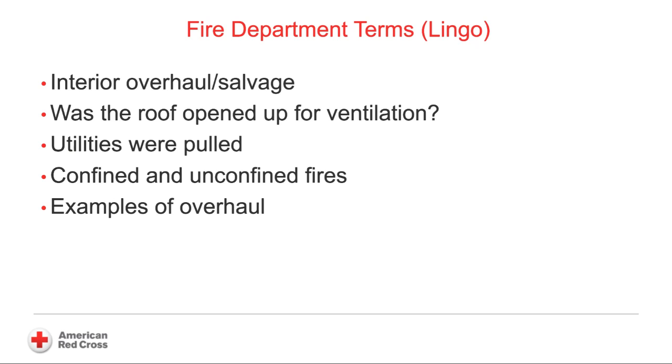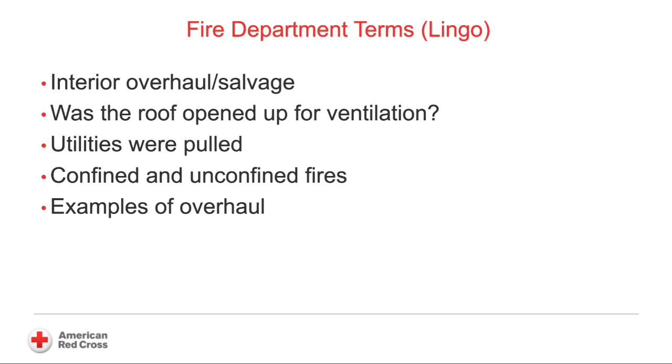It typically means that there's been some destruction by the fire department to ensure that the fire is out. This often means that ceilings have been pulled down, perhaps, or the walls have been opened up to look for spreading fire. We'll look at a picture in just a second of an example of an overhaul.